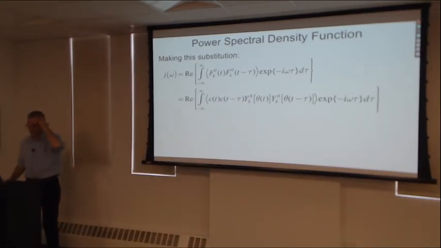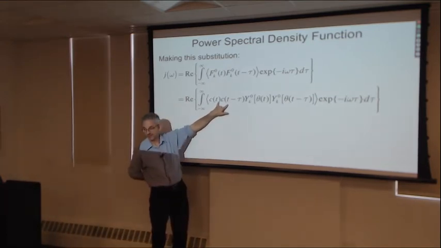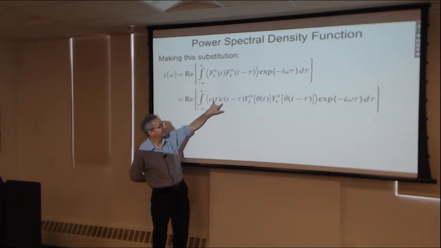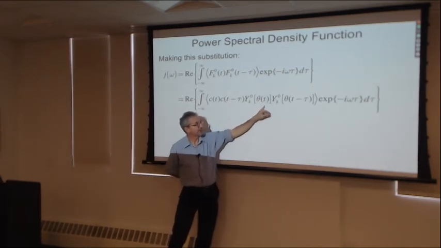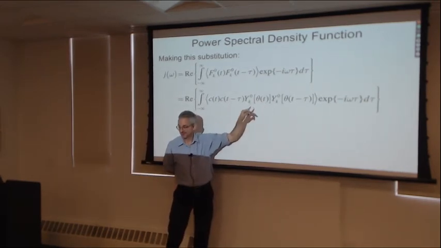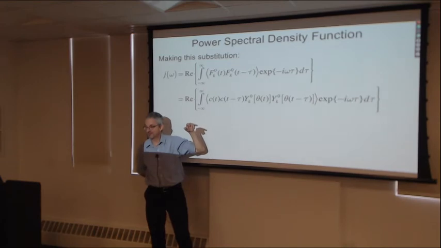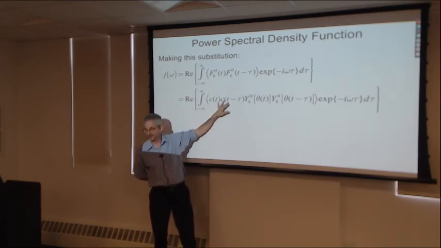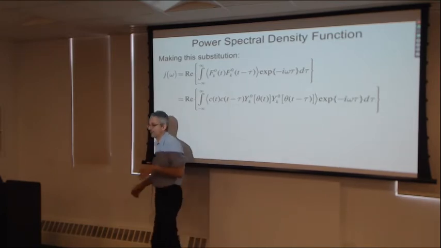And it's quite common to assume, in order to make any progress, that the fluctuations affecting whatever's in this function C are independent of the reorientation. So that this autocorrelation function of 4 terms can be split into the product of an autocorrelation function for the C's and an autocorrelation function for the Y's.